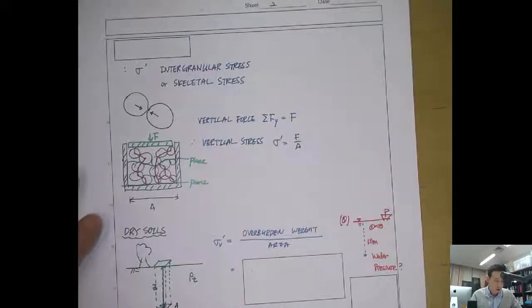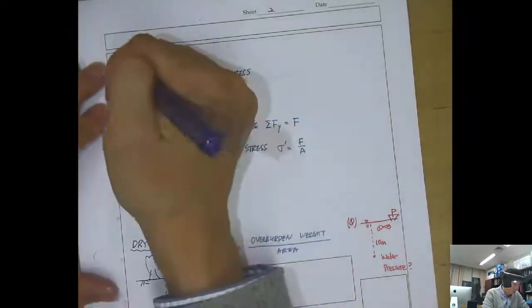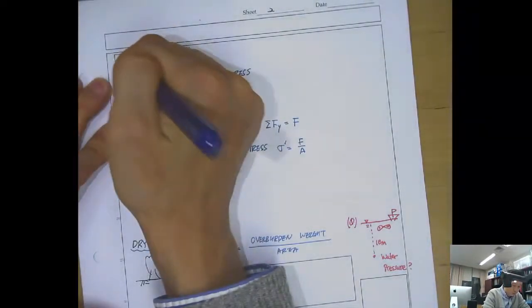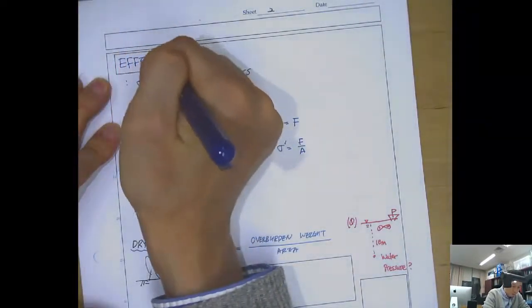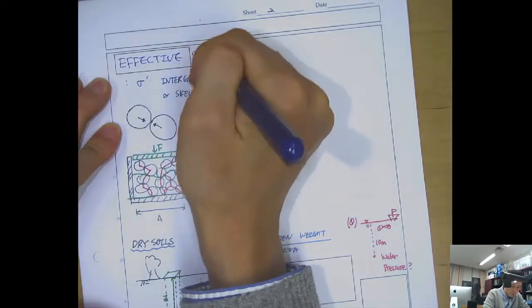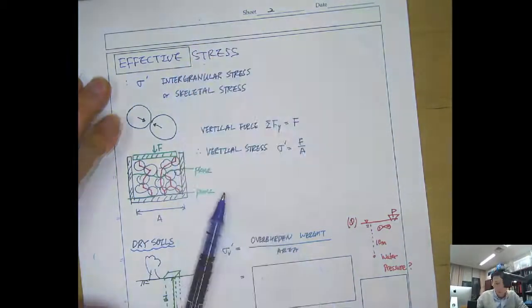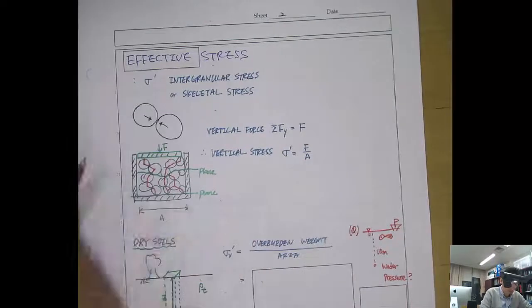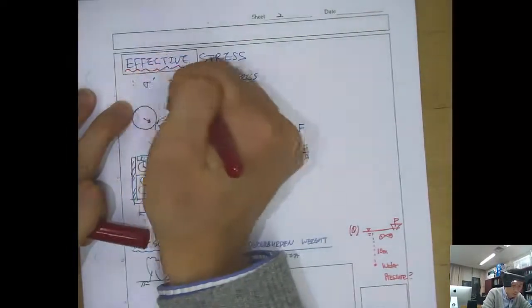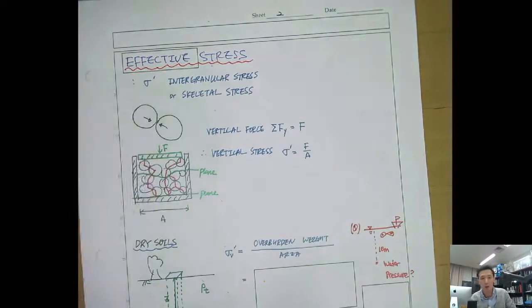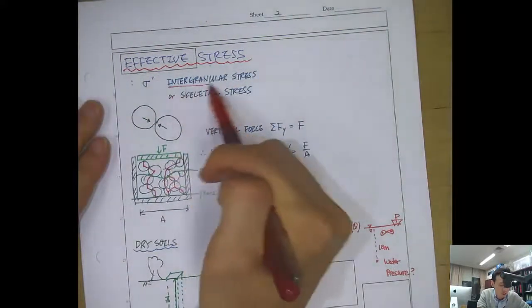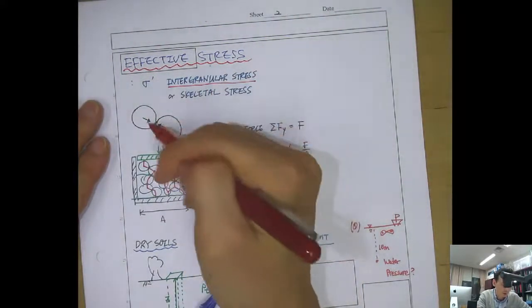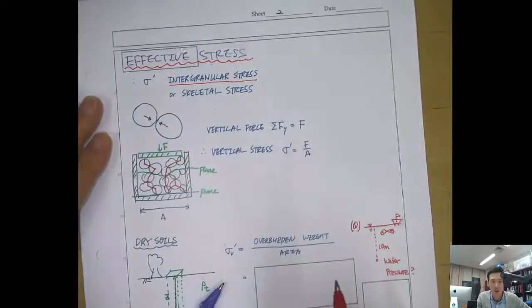First up, we're gonna talk about effective stress. And this is the most important concept in soil mechanics. This indicates the intergranular stress that is transmitted through the soil grains.